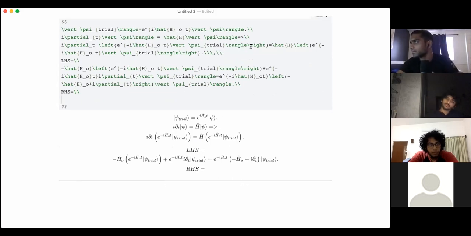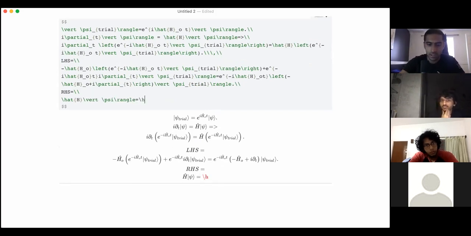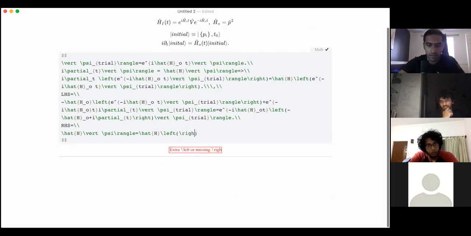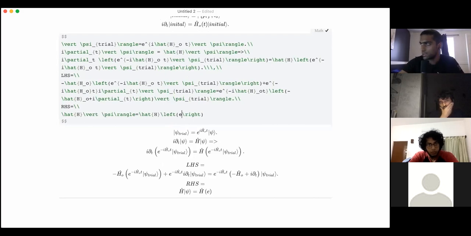So I write down the expression that we had up here, just to remind ourselves, this is what we had, which is hat H e power minus.